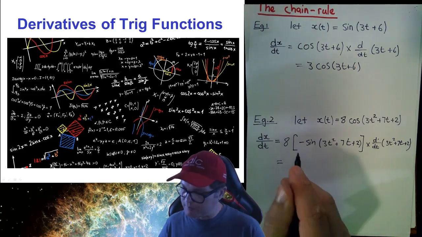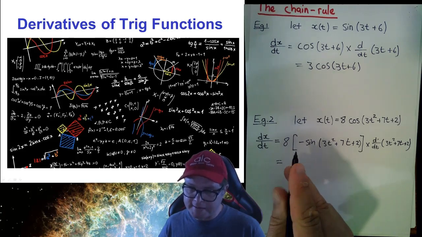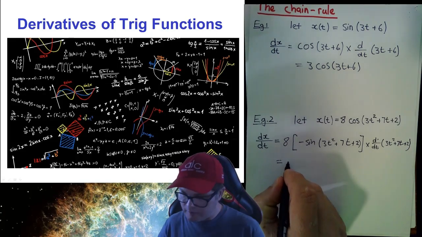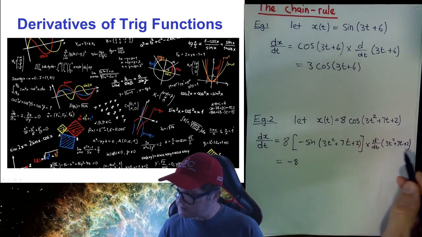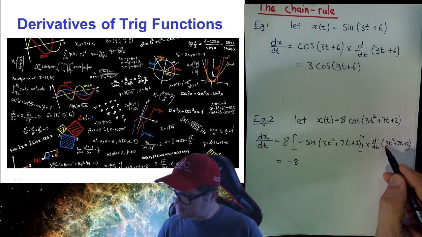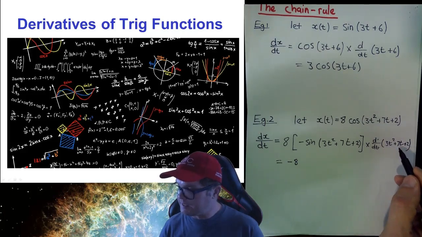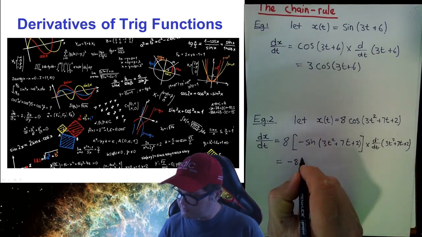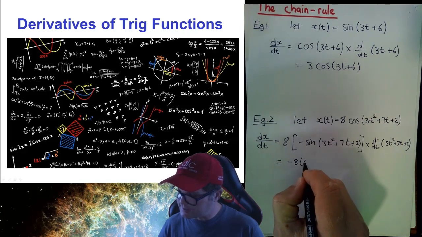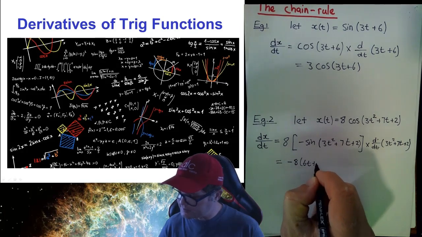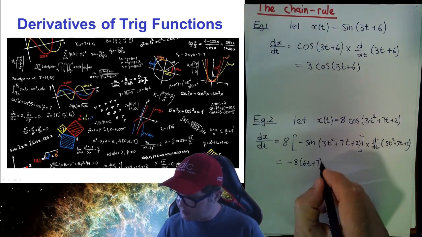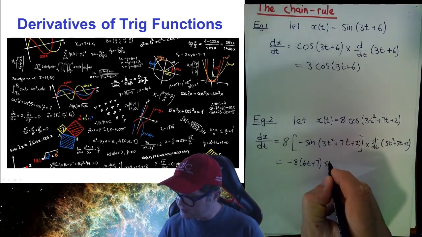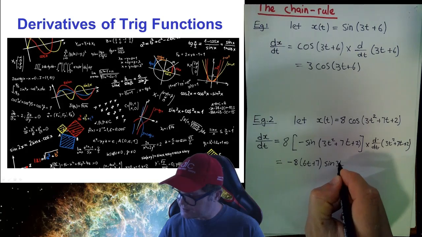So this is going to be minus 8. If I take this derivative, this is going to be 6t plus 7. So it's going to be 8 times 6t plus 7, and then I still have my sine of 3t squared plus 7t plus 2.